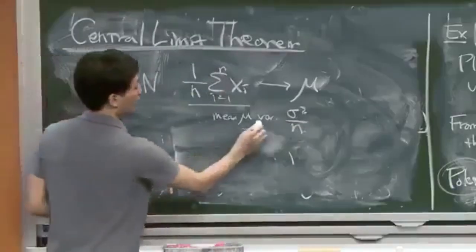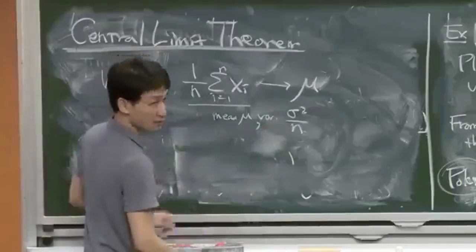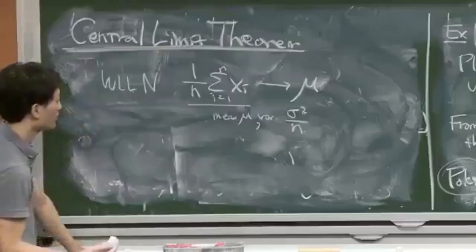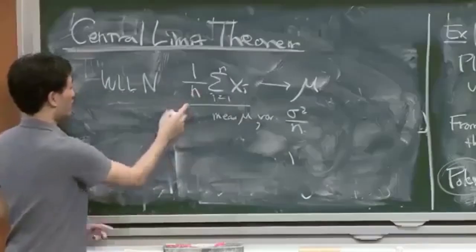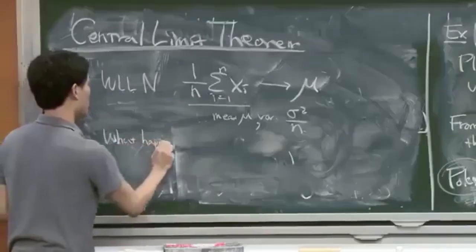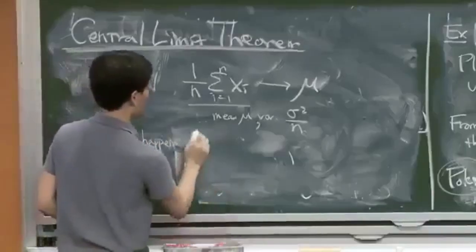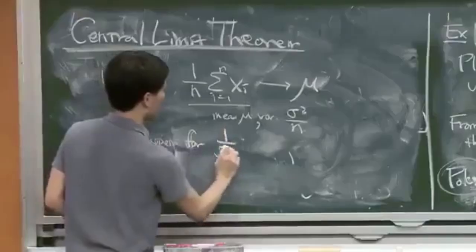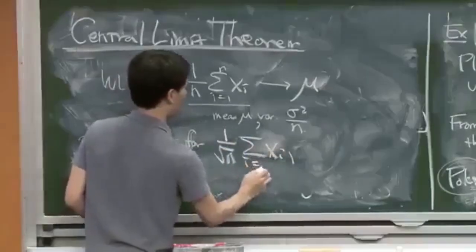Right? And we exploited the fact that variance vanishes to get this. So the question is, what happens if you replace 1 over n by 1 over square root n? What happens for the random variable 1 over square root n times the sum of xi?